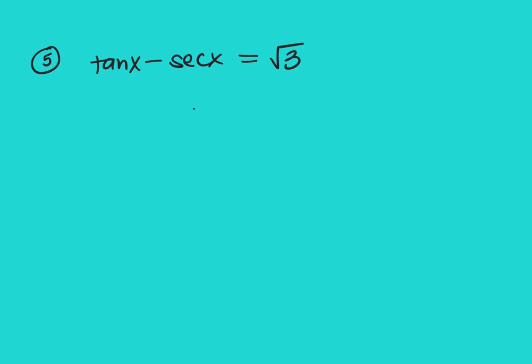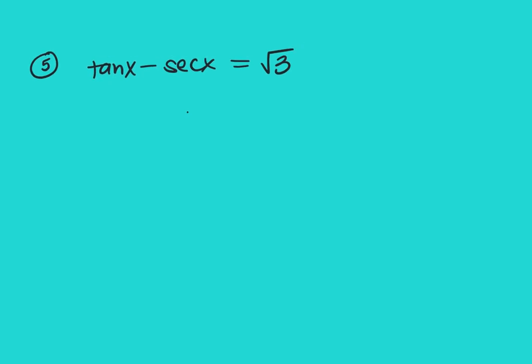The two terms are obviously not the same, but they are in the Pythagorean identity together. So you want to square both sides, but before you do that, you want to separate them out. So I move the secant to the other side, and I get tan of x equals root 3 plus secant of x. Then you square both sides.